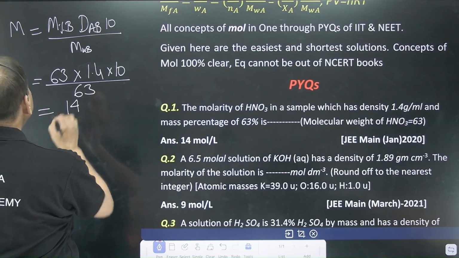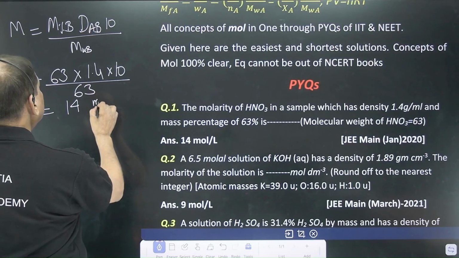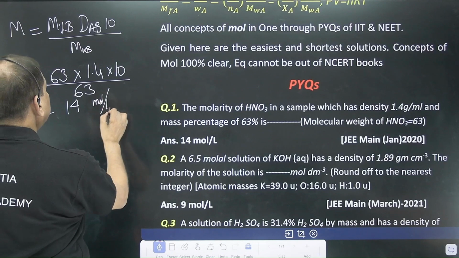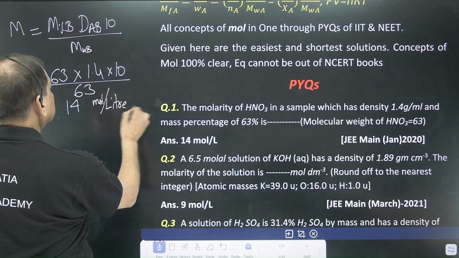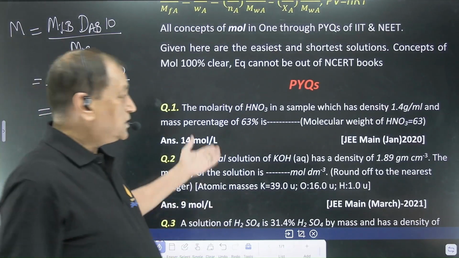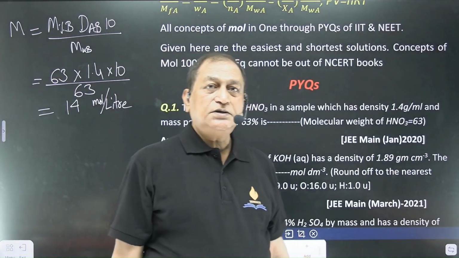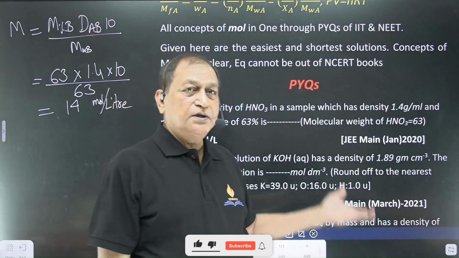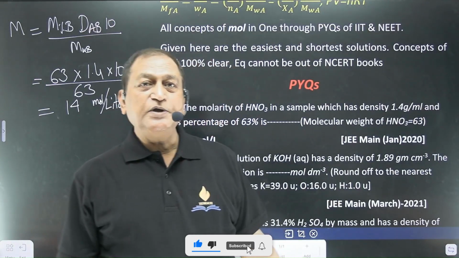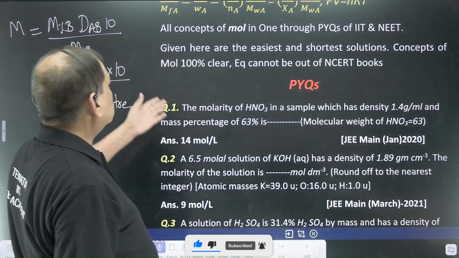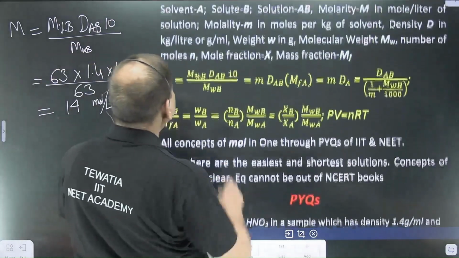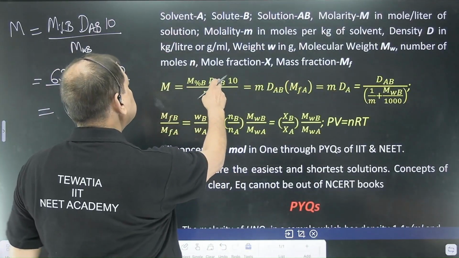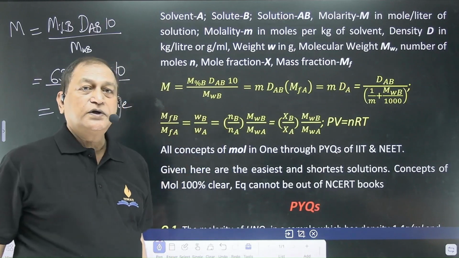So it is straightaway 14 mole per liter. So that is the answer. It is shown in books by the first principle, but we have short time in the exam. So straightaway substitute these values in this formula: percentage, density and molecular weight.